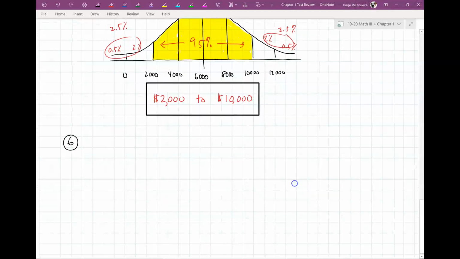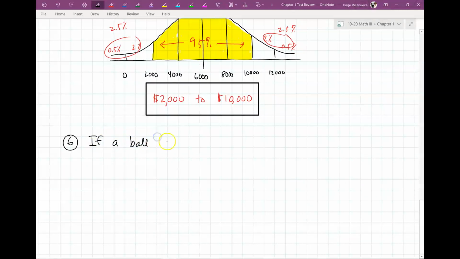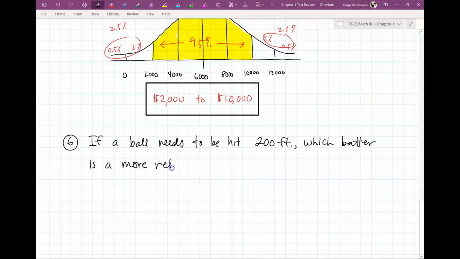So for question number 6, it says, so if a ball needs to be hit 200 feet, which batter is a more reliable choice? So batter A or batter B.